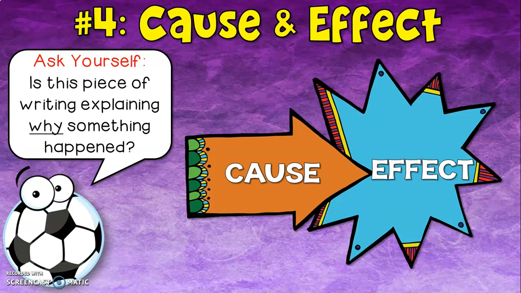What text structure do you notice in your text today about Henry Hudson? So I want you on a separate piece of paper to identify the text structure, and I want you to give me details from the text, perhaps words, phrases, or other clues that help you understand what the text structure is.